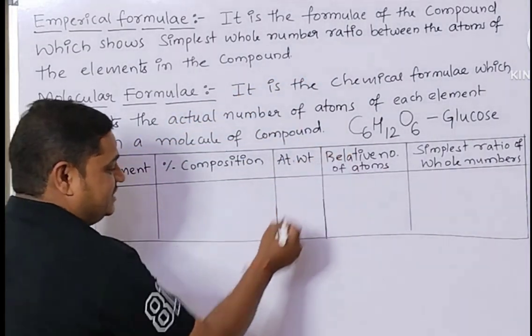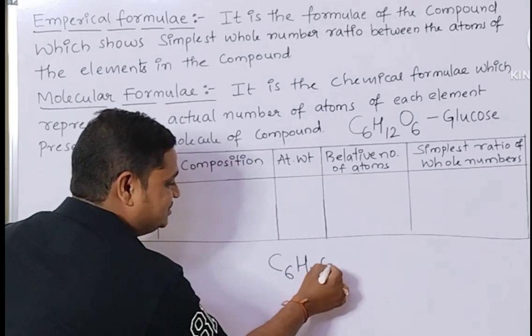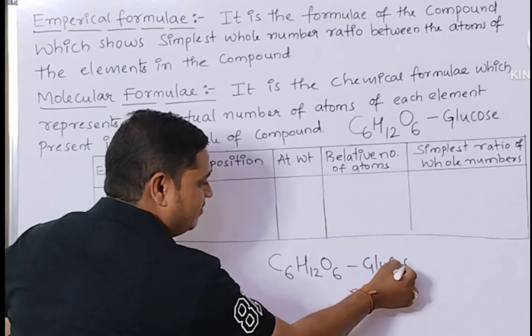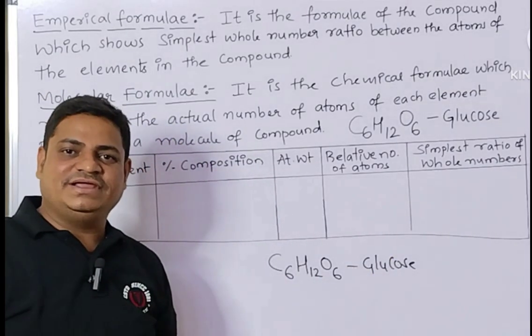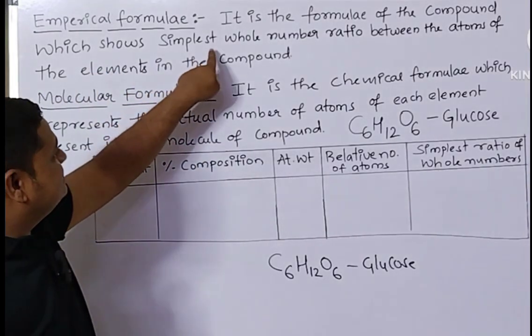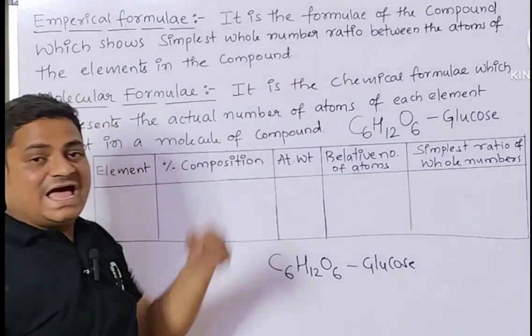Just now I have written the molecular formula of glucose as C6H12O6. From the molecular formula, how do we write the empirical formula? It shows the simplest whole number ratio between the atoms.